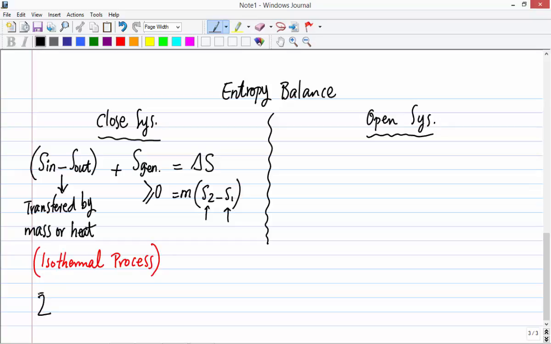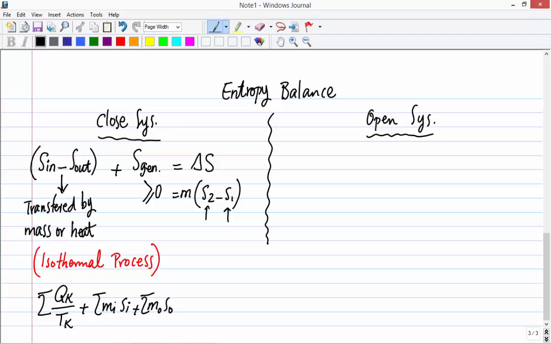Therefore, the summation of Q over T_k, where it's all in Kelvin, plus the summation over all the inlets of mass times the entropy, plus the summation over outlets, m_o s_o, right?